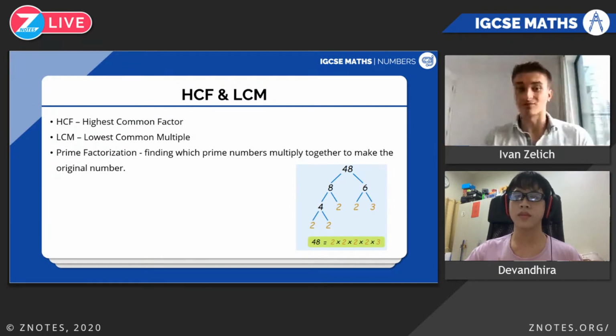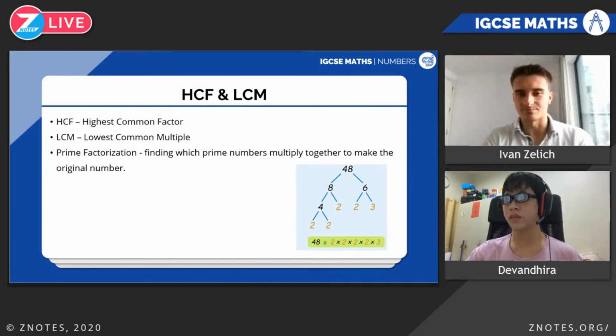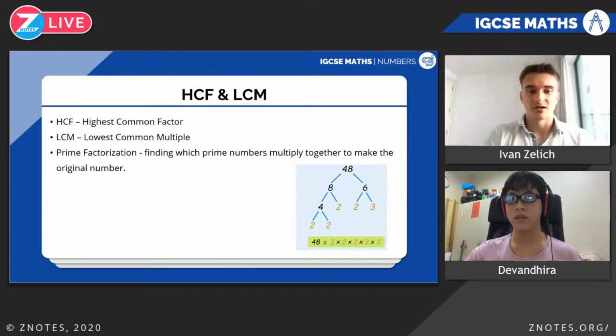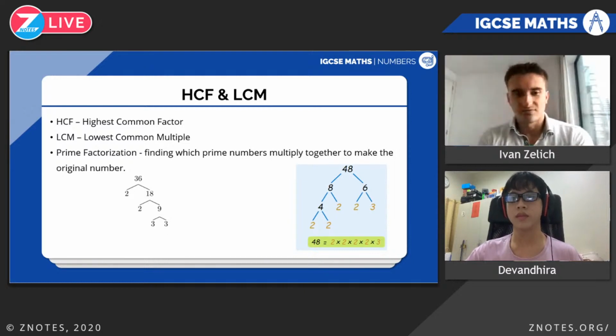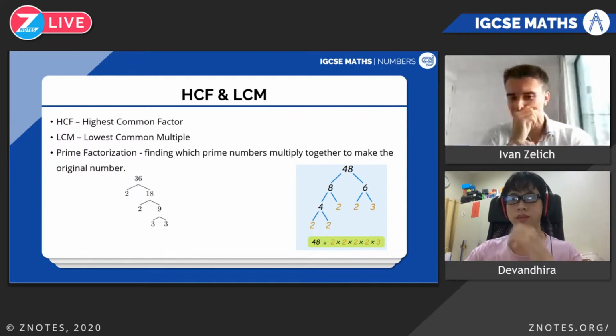So then we end up with a prime factorization. Here we have a prime factor tree of 48, and we can see that 48 can be written as 2 to the 4 times 3. I've also included another factor tree of 36, and here we see 36 is 2 squared times 3 squared.